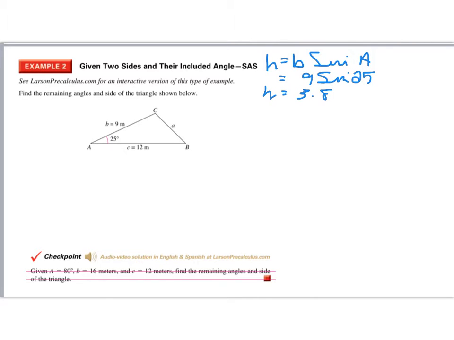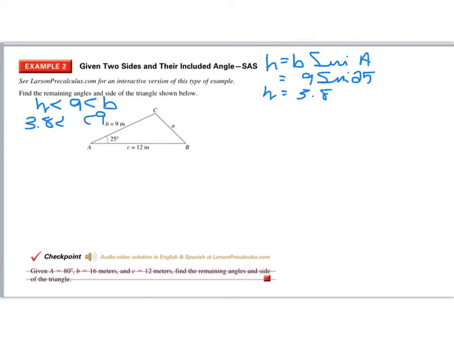If you remember our rule where we went H is less than a, which is less than b, if that works. So H is 3.8. A, we're going to have to solve for A. And then b is 9.